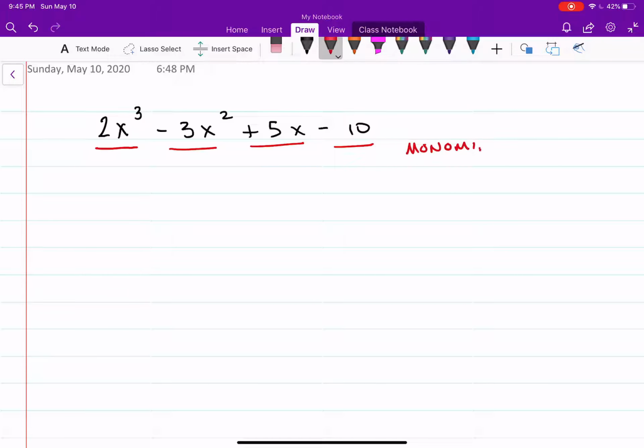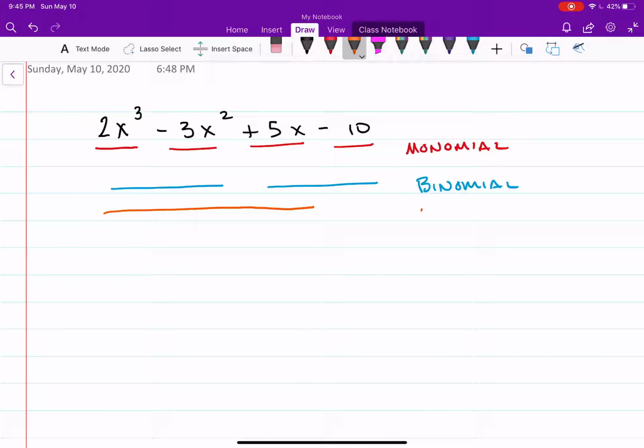Okay? Now, a binomial means 2 terms. So right here or right here would be a binomial. And a trinomial means 3 terms. So that'd be a trinomial.